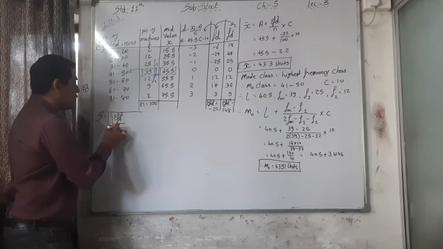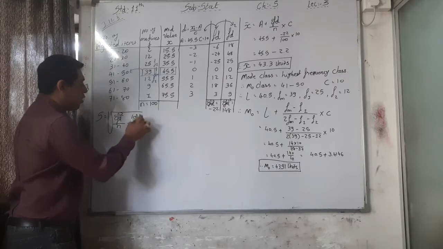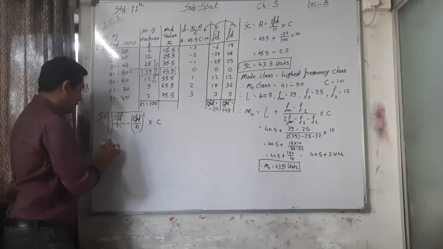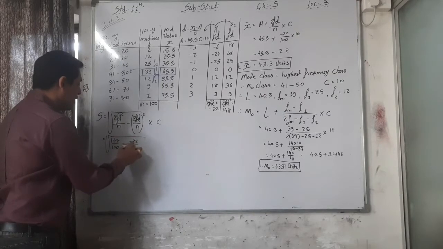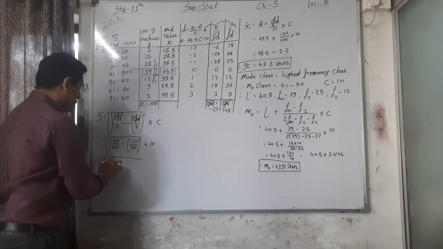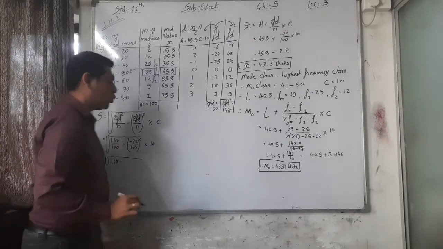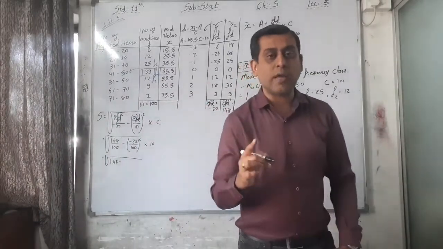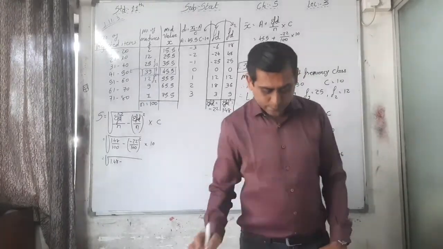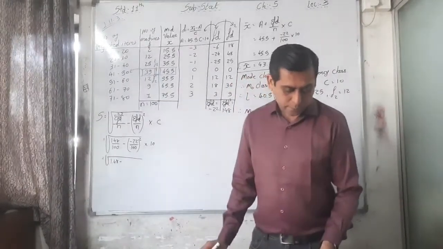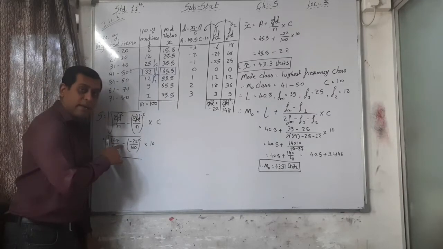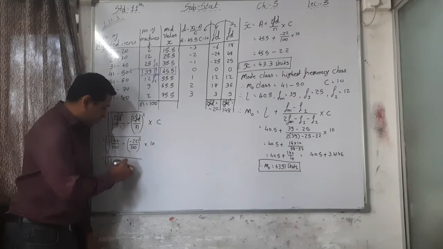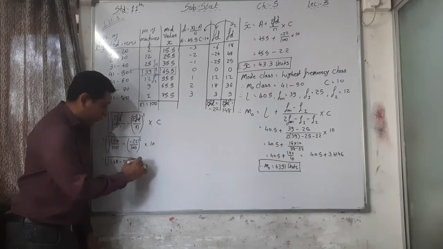Square root of sigma FD square upon n minus sigma FD upon n whole square, into C. Sigma FD square 148 upon 100 minus 22 by 100 whole square into 10. 1.48 minus 0.22 square, that is 0.0484. Here the square is plus, but the minus is there, that's why 1.48 minus 0.0484, into 10.